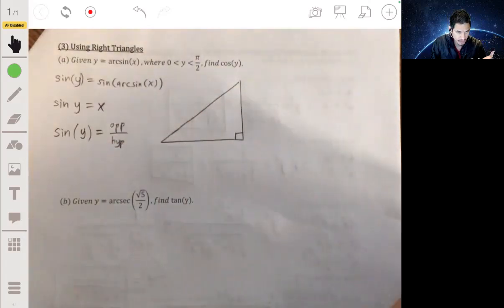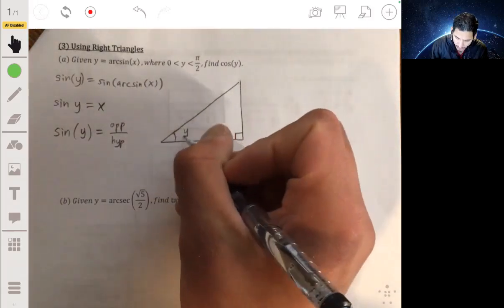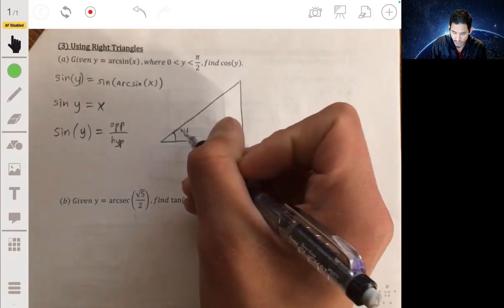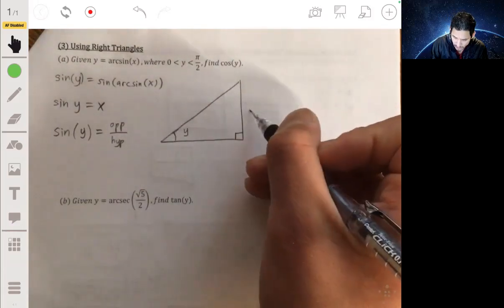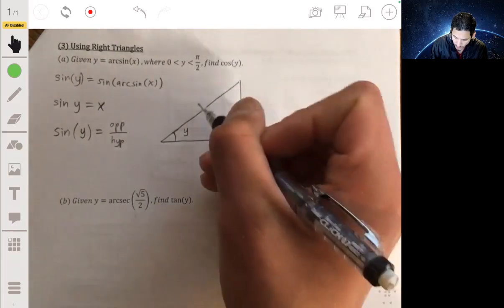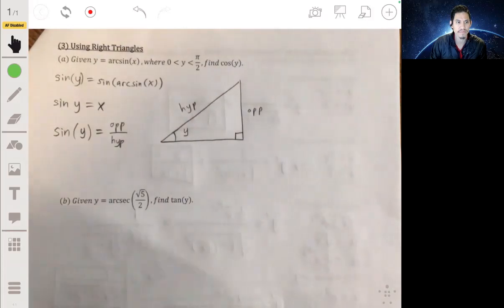Remember, y is an angle, so let's make this angle here y. So the sine of y is equal to the opposite leg over the hypotenuse, which is up here, the side opposite the right angle.